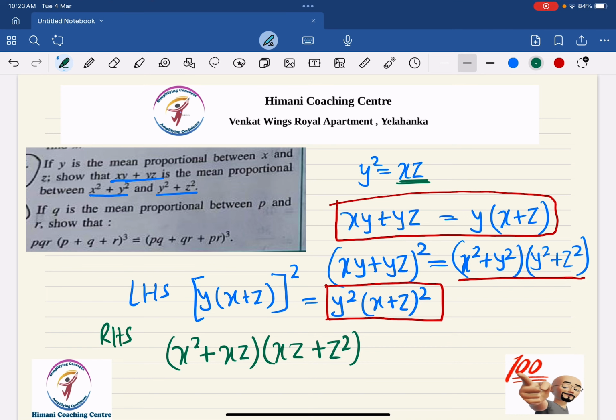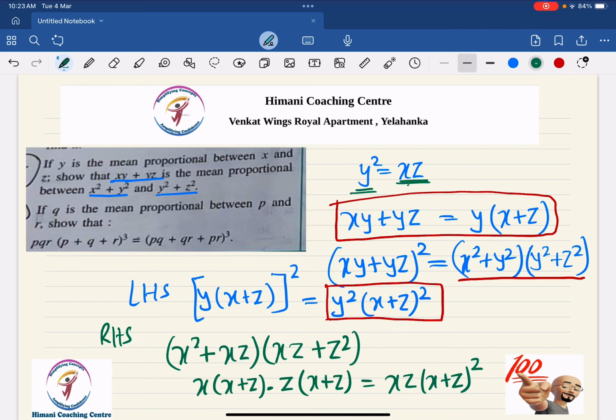Now from the first bracket we can take x common and it becomes x plus z. From the second bracket we have z common, so let us take that common and we are left with x plus z. Now what will we get? I'll get x times z times x plus z whole square, and we know x times z is y square.